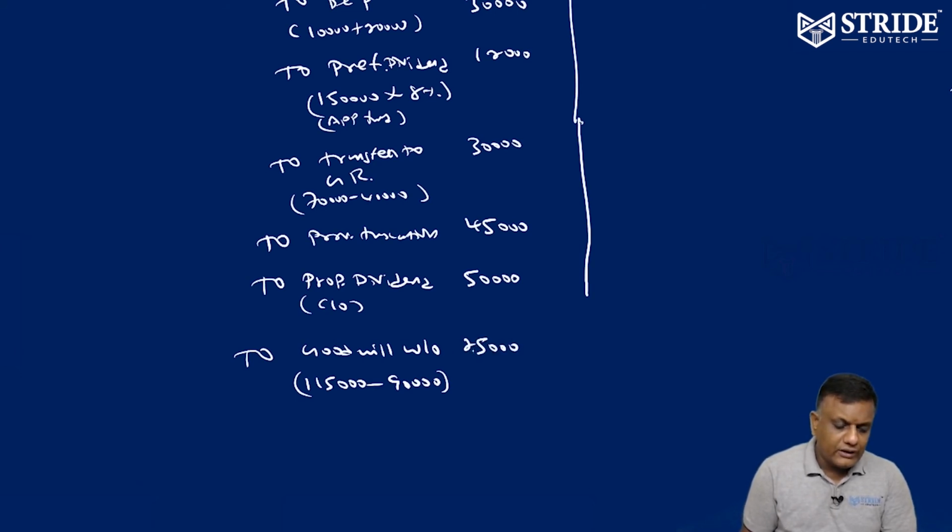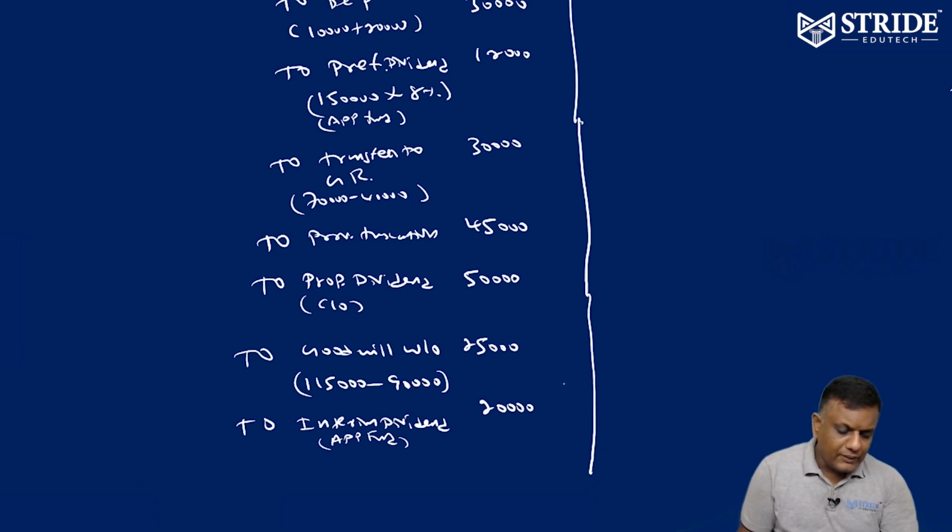Intangible assets written off, 25,000. Next, point number 2, interim dividend. That is 20,000. This goes to the adjusted P&L account as well as application of funds. So 20,000.